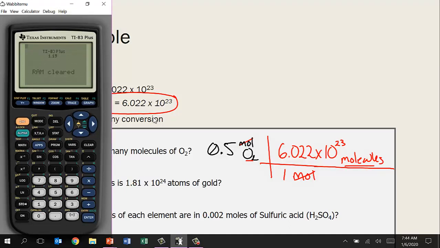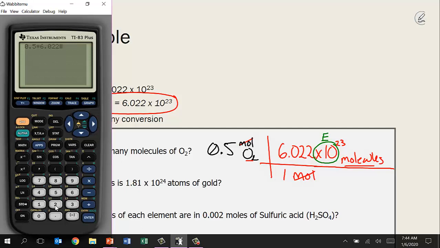So if we grab our calculator, we can type in 0.5 times 6.022. Now, times 10 to the 23rd, I highly suggest you do not use the times 10 caret on your calculator. Instead, you should learn to speak calculator. The calculator uses an uppercase E to say overload, to say that there is some massive number. So when the calculator needs to use scientific notation, it uses this overload function.